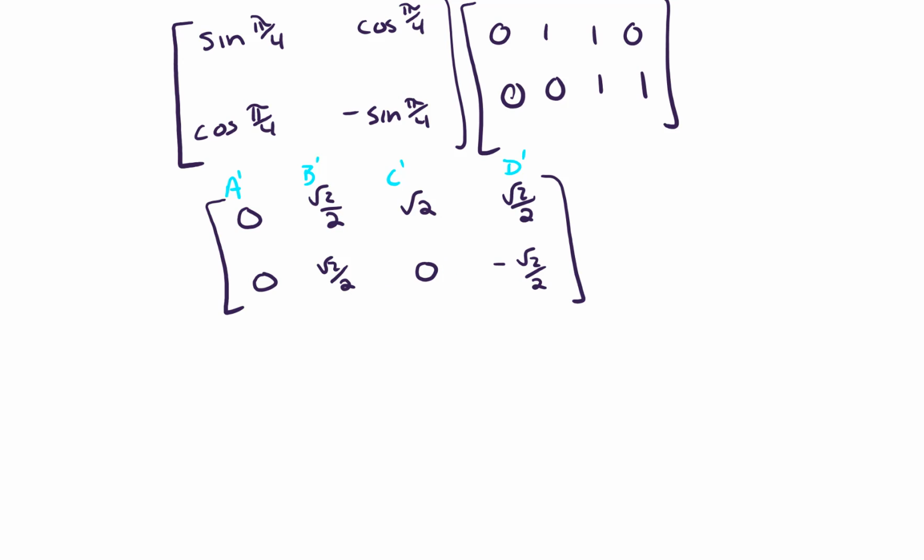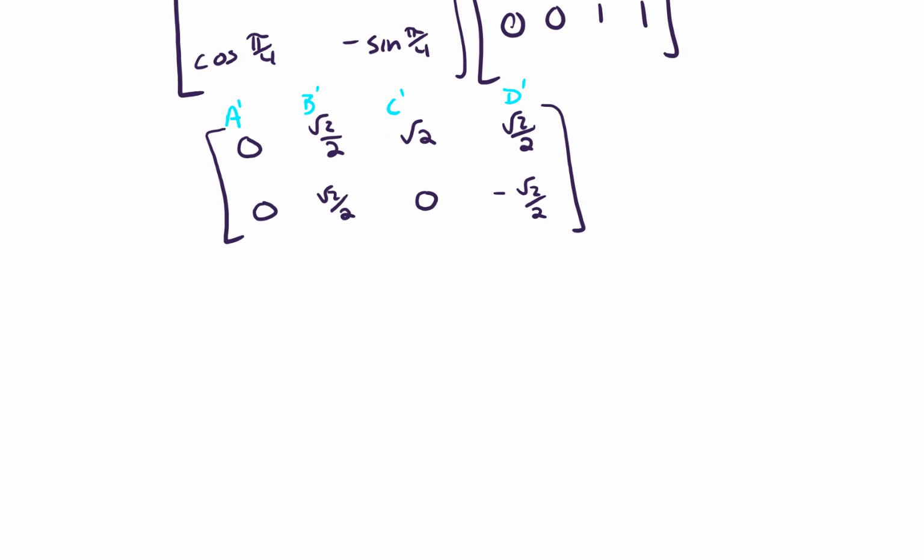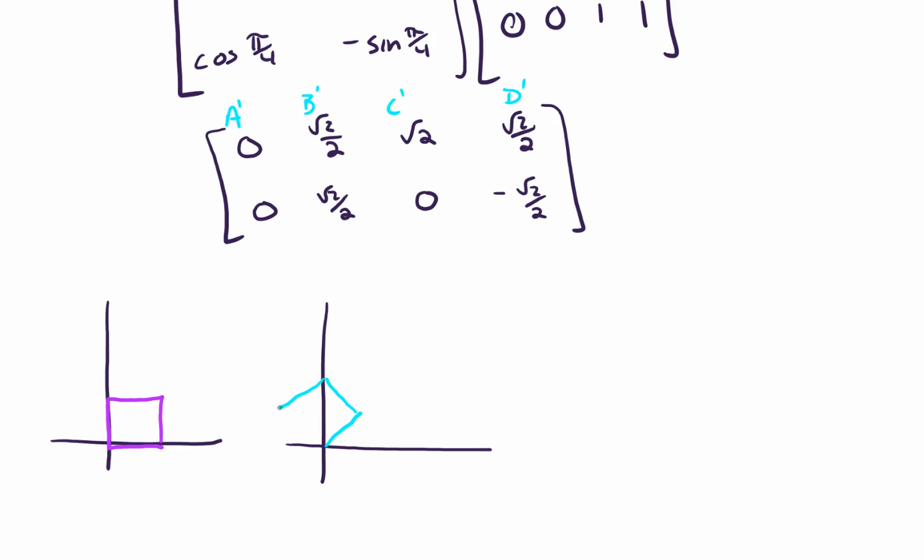And if we actually went through and performed the transformations that we were told to perform, we start off with our unit square. Next thing we do is rotate by pi over 4. So here's our A, here's our B, our C, and our D. Now here's A, here's B, here's C, and here's D. And then lastly, we reflect over the line y equals x.